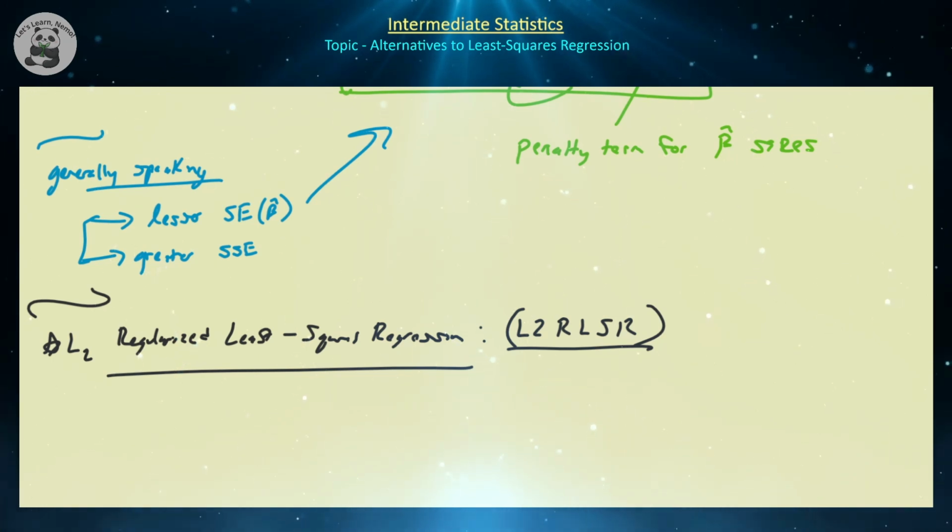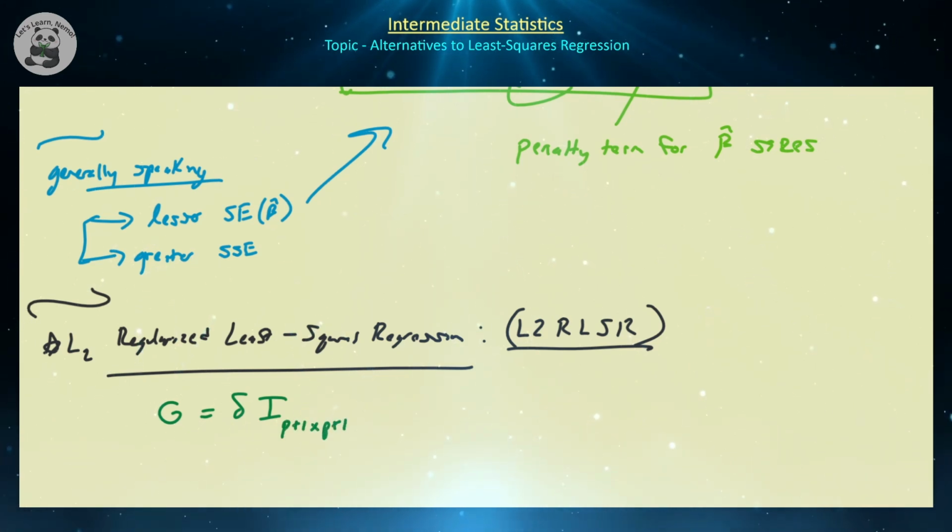So what this does is it chooses a particular Tikhonov matrix G to be equal to a scalar multiple of the associated identity matrix, where this is a p plus 1 by p plus 1 identity matrix, and delta is typically chosen to be a non-negative scalar, right?